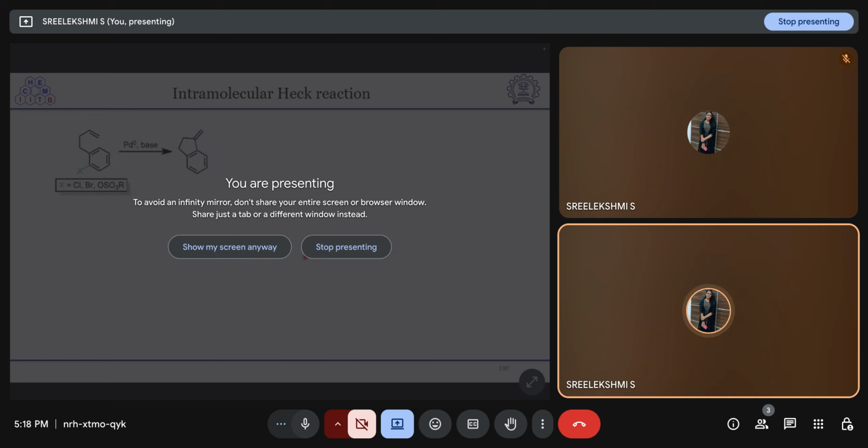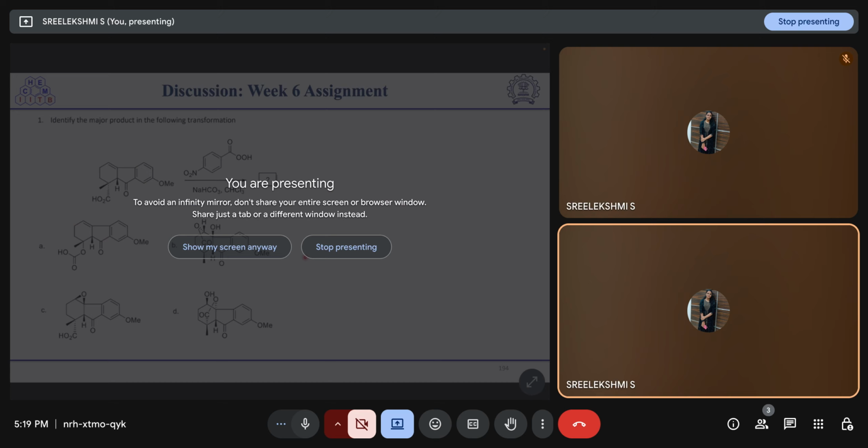Now going to the next reaction, intramolecular Heck reaction. I think all these reactions we have discussed previously.